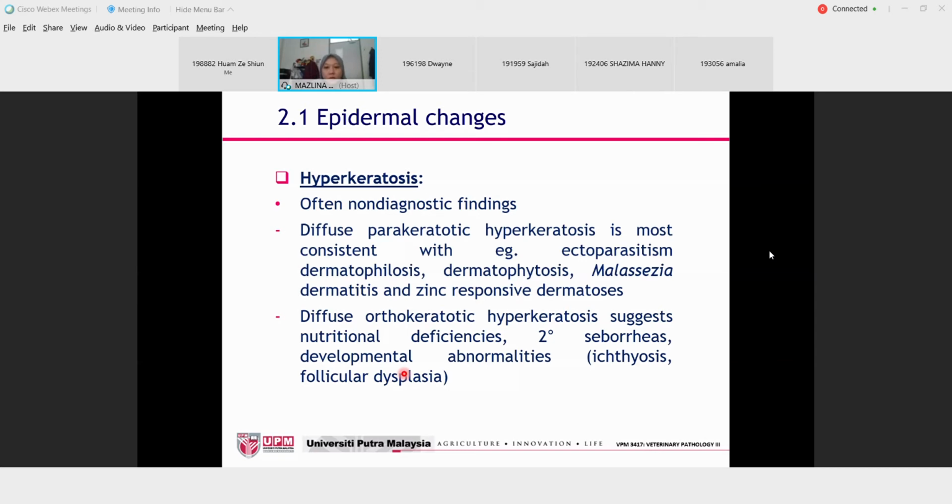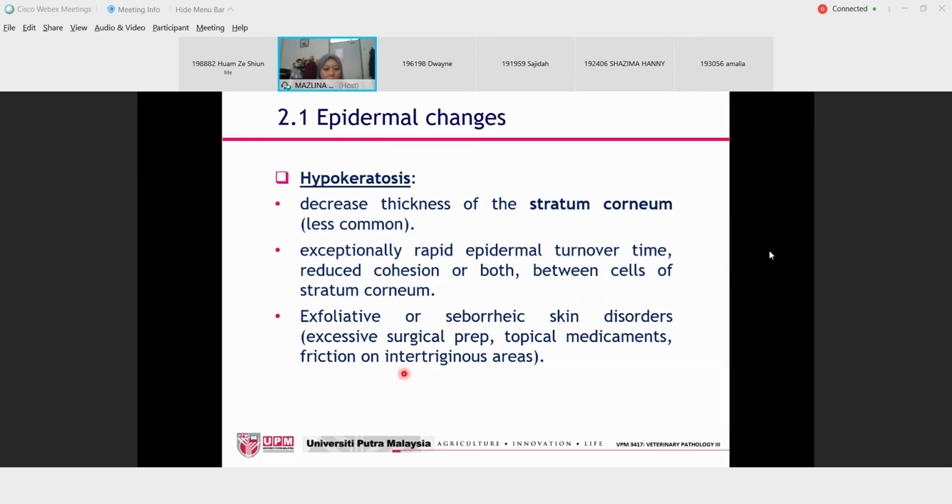Today is just to familiarize you with all the terms that you would be hearing when it comes to lesions in the integumentary system. When you have hyperkeratosis, definitely you can also see hypokeratosis. Hypokeratosis is the total opposite of hyper, meaning there is decreased thickness of the stratum corneum. This is, however, very less commonly observed.